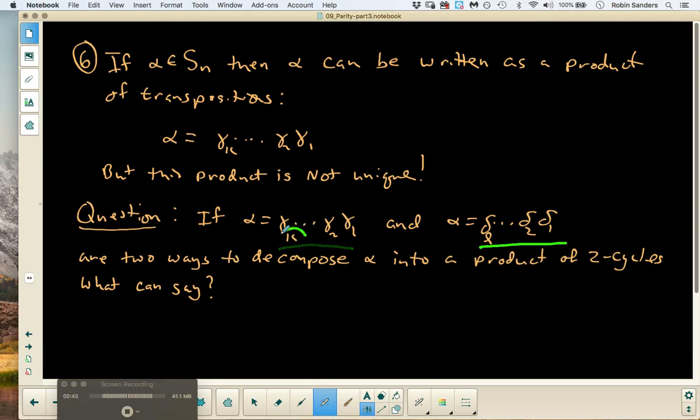One thing that I want to notice is that I can't even necessarily say that the number of 2-cycles in the product is the same. But it does turn out that there are several things that we can say about that, and that's what we want to investigate in this particular video. So let's go on.